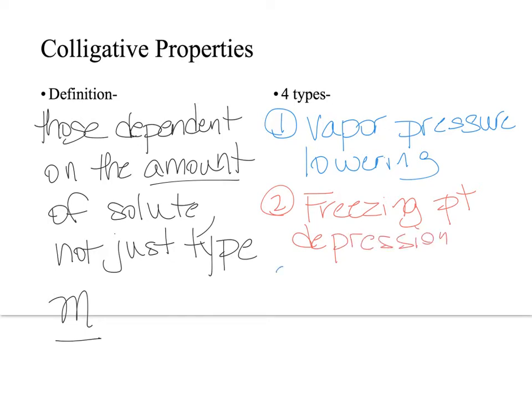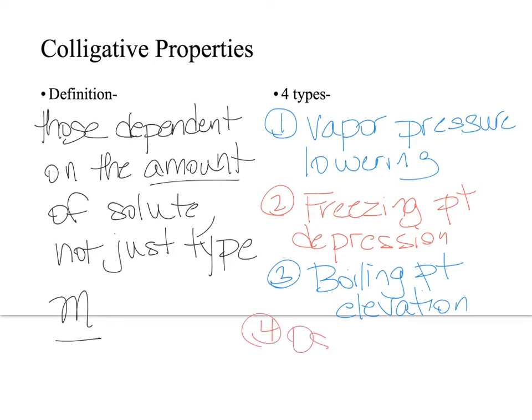Number 3, boiling point elevation. And number 4, osmotic pressure.